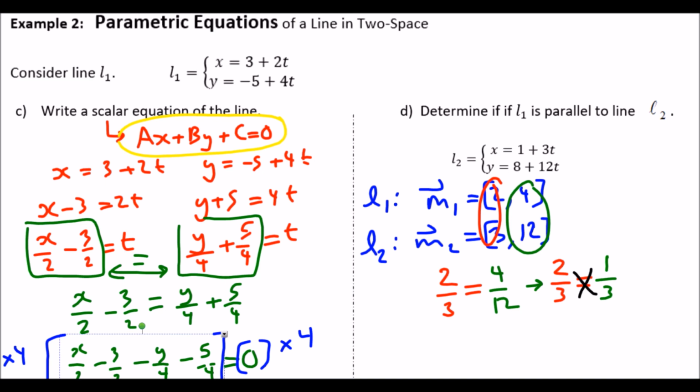No way. So are they parallel? Therefore, L1 and L2 are not parallel. I think I'm going to end that first video here, and then for the last page, we'll do example 3.